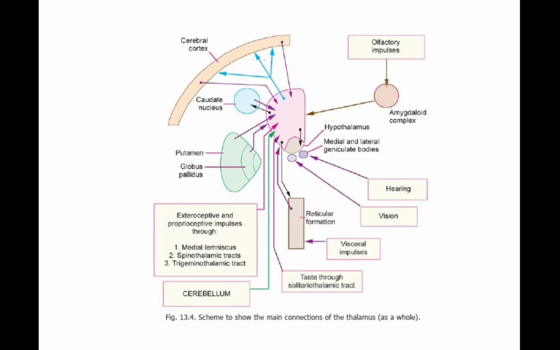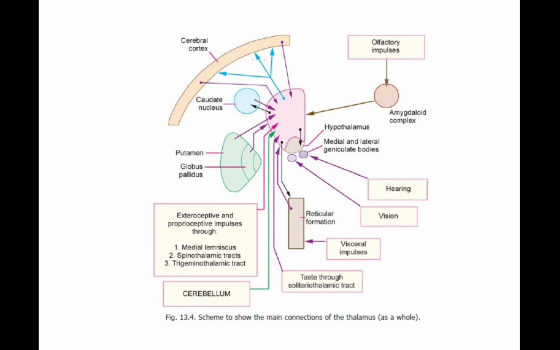Think of the thalamus like an airport hub. Flights from vision, hearing, touch land here, in the cerebral cortex basically. So the thalamus checks them and sends them on connecting flights to the right city in the cerebral cortex.